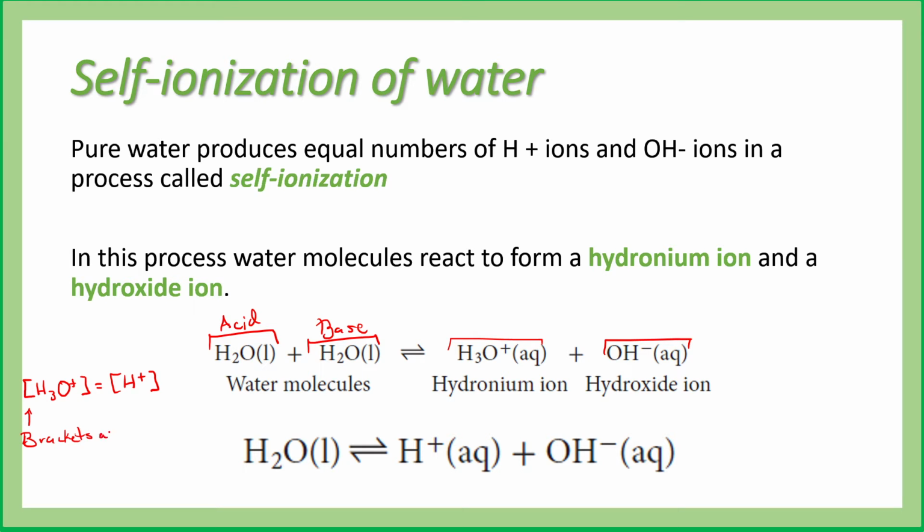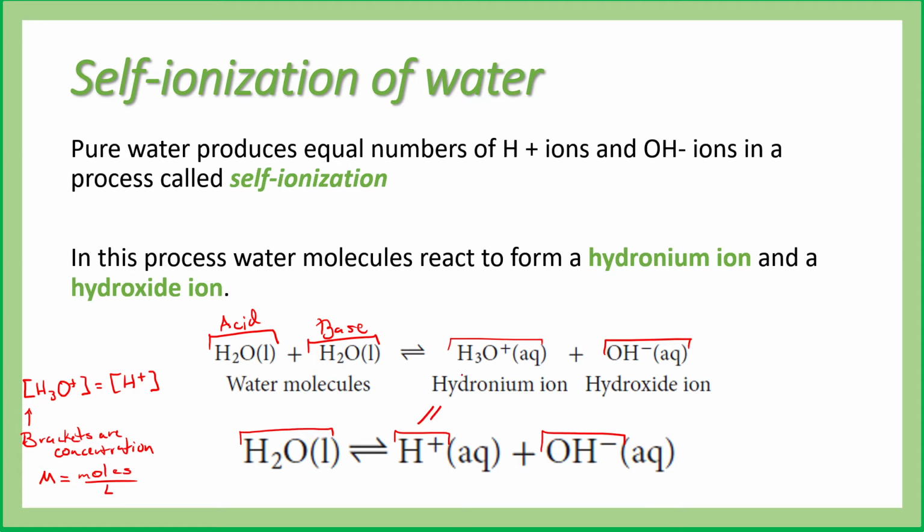Brackets are concentration in molarity. And remember, molarity is equal to moles divided by liters of solution. So again, water can self-ionize and it will produce hydrogen and hydronium and hydroxide ions.